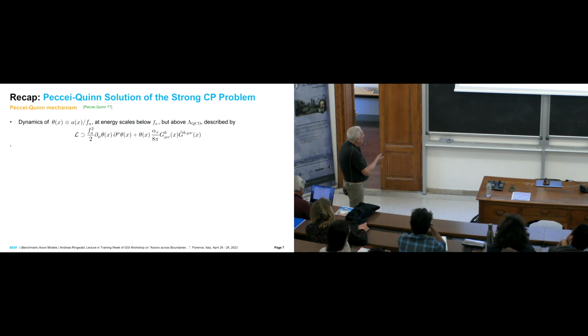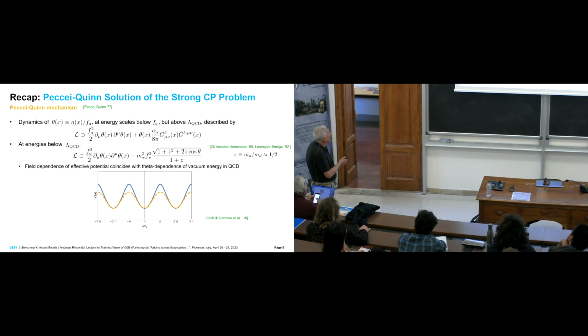Namely, if you have this, then the strong CP problem is, so to say, solved by QCD itself. This is really a very nice thing. And how is it doing it?